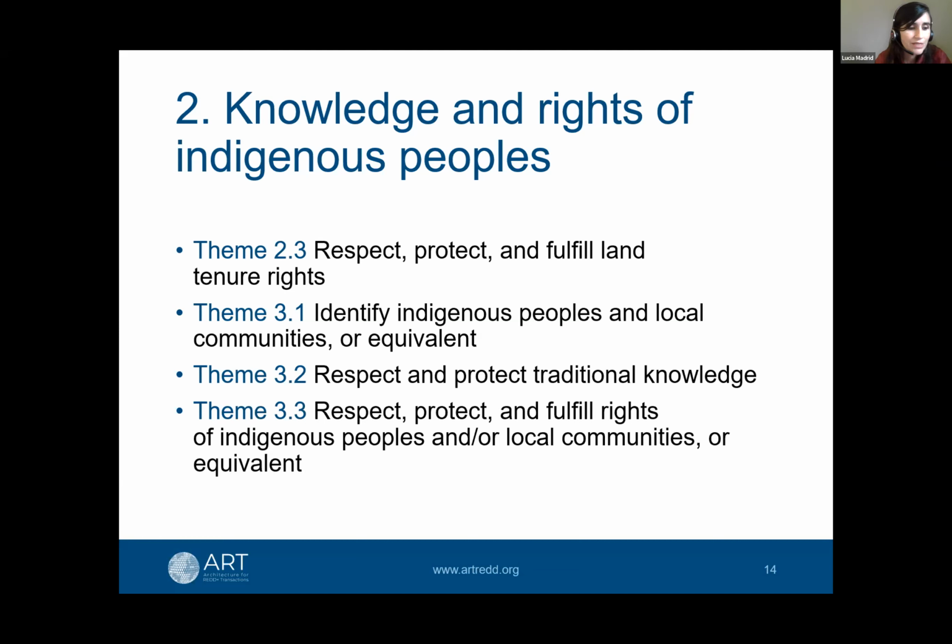Then, process and resources for ensuring these procedures are implemented must be explained to meet the requirements of the process indicator. And finally, the participant must demonstrate that stakeholders had access to, use of, and control over land and resources in line with their rights. And this is for the outcome indicator.